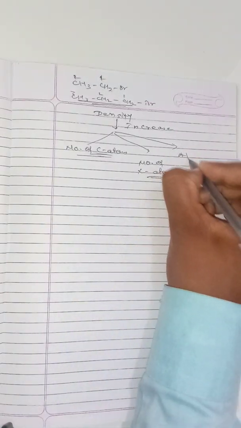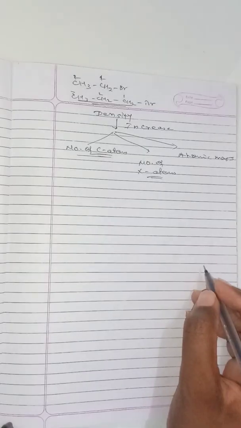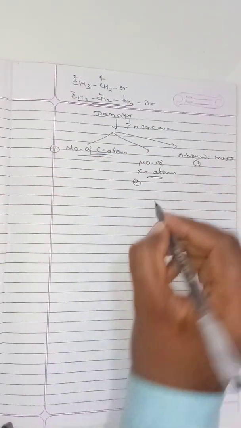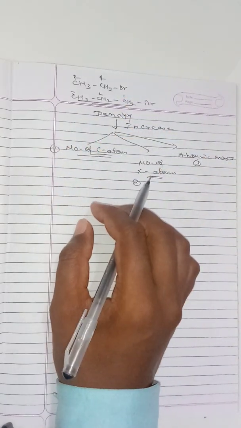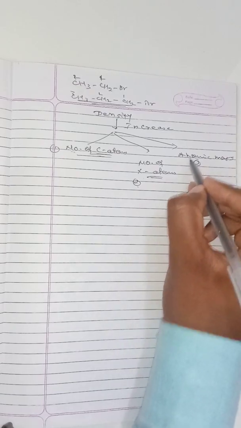And number 3, as atomic mass increases, the density increases. Here these 3 factors affect the density of haloalkanes.